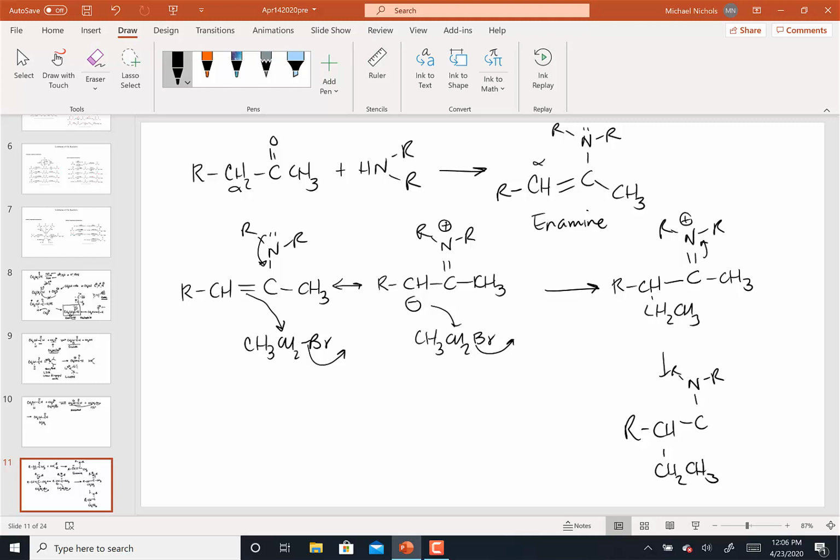The nitrogen now goes back to being neutrally charged, but now I have a positive charge here. What happens next? Next, the water will come in and attack that carbon. Now let's draw out the gory details here, just as a review.